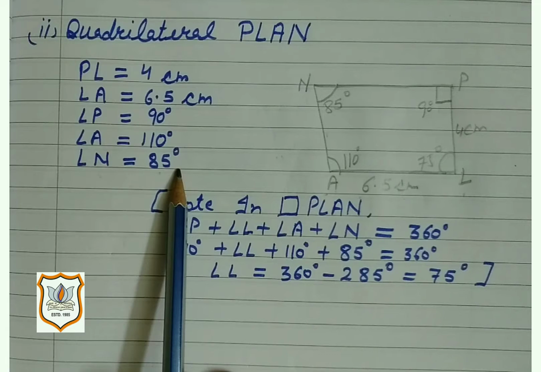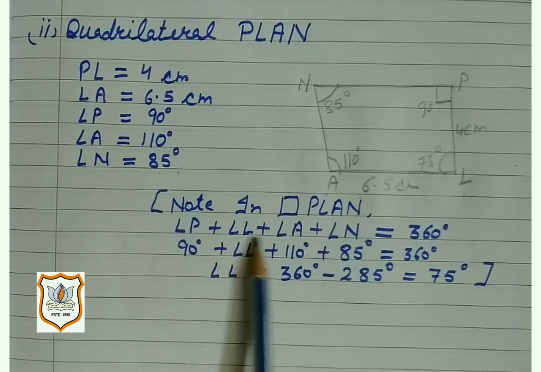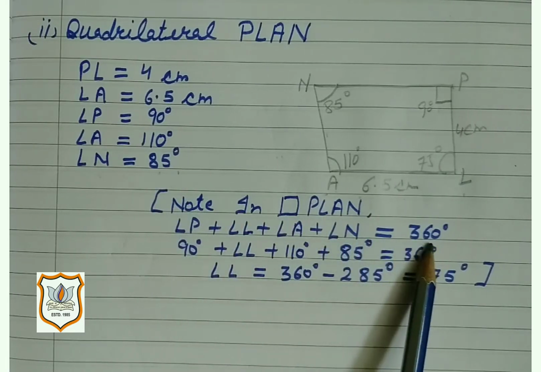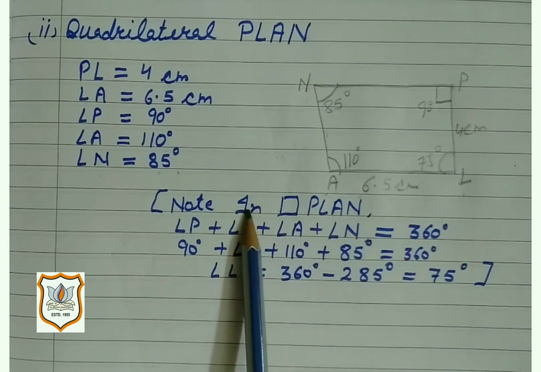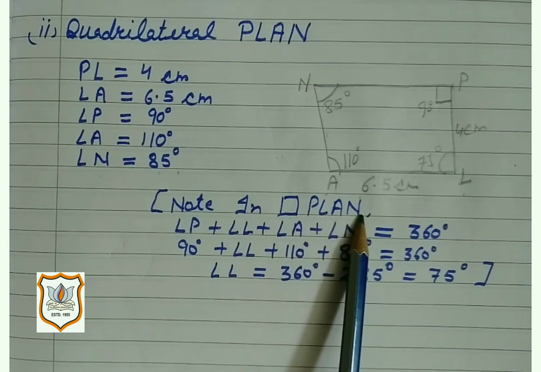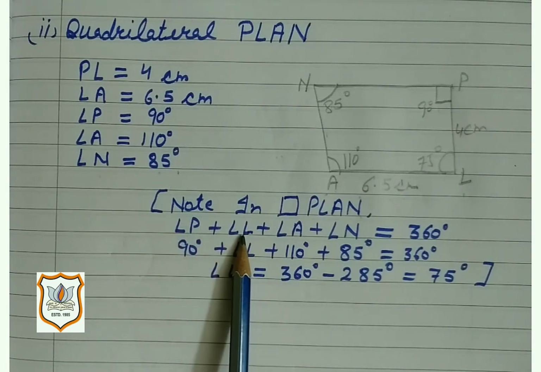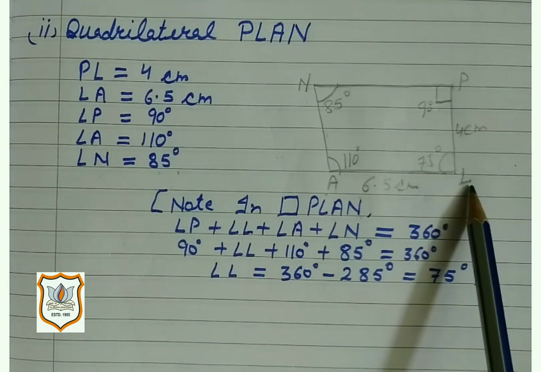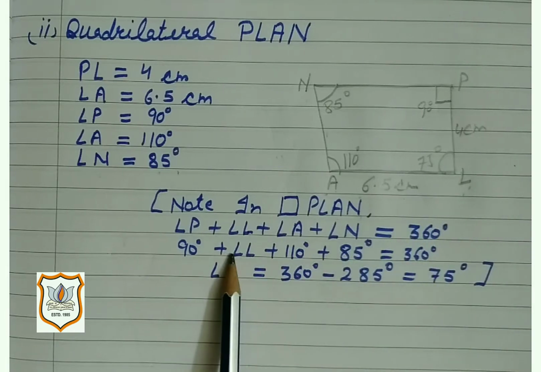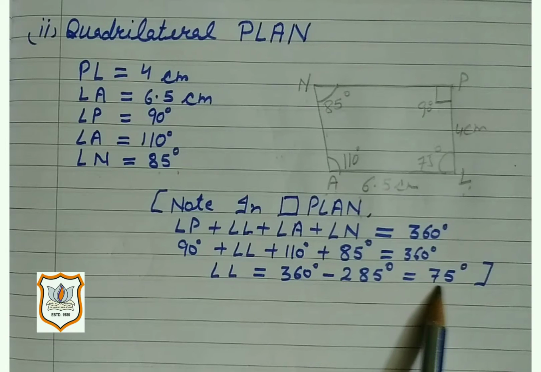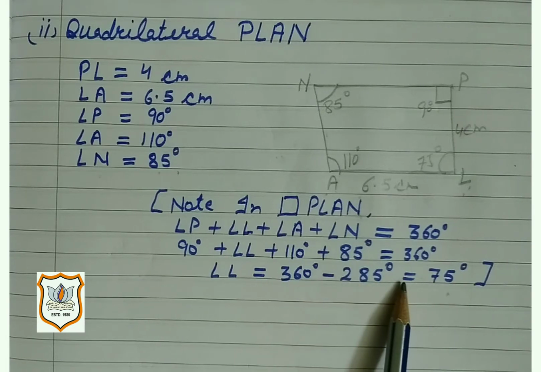So students, as you know, the sum of all angles of a quadrilateral is 360 degrees. In quadrilateral PLAN, all angles are given except angle L, so we will find angle L. You can see we can find angle L as 75 degrees. We use the angle sum property of a quadrilateral.